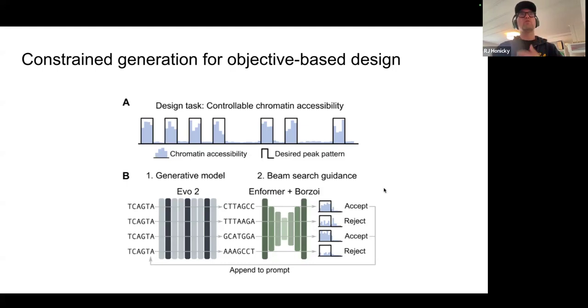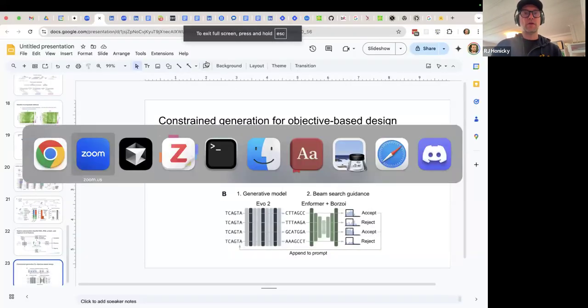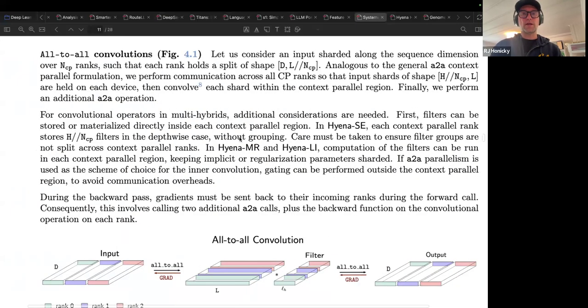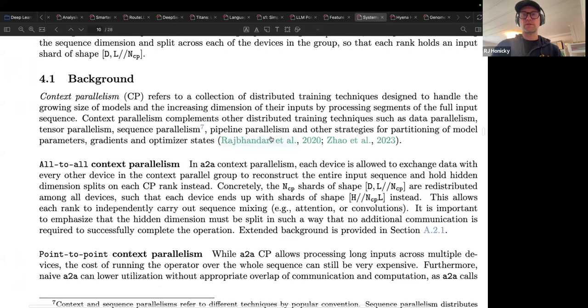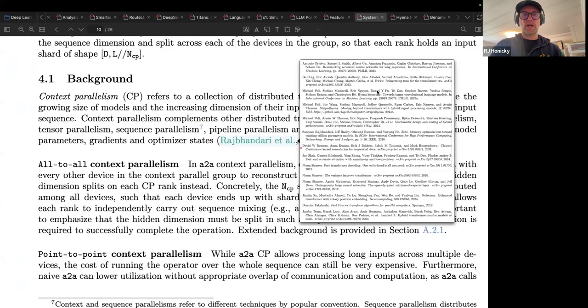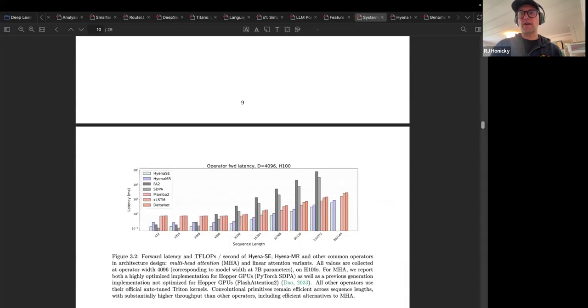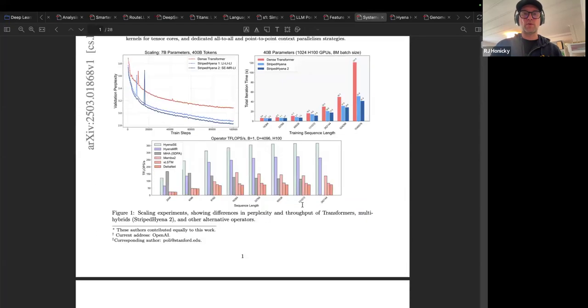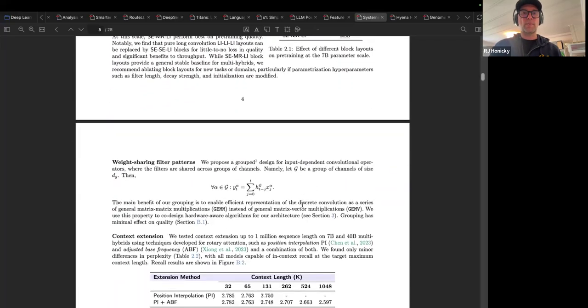They formed a reasonably large data set. Here, let me see if I can grab the paper. Let's see. I think there's a good table of contents. Let me look at that. But basically, the nutshell is that they had a data set that they reused between Evo 1 and Evo 2.